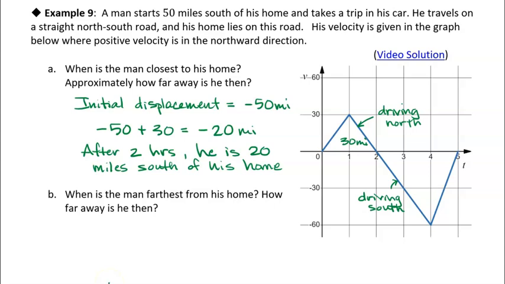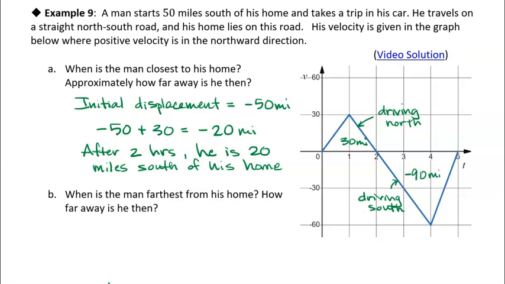Well, let's look at this negative area down here, because this is all southward motion, right? And so I can find the area of this triangle. This is just a big old triangle with a base of 3, and the height is 60. So one-half base times height, it looks like that's going to be a total of negative 90 miles.